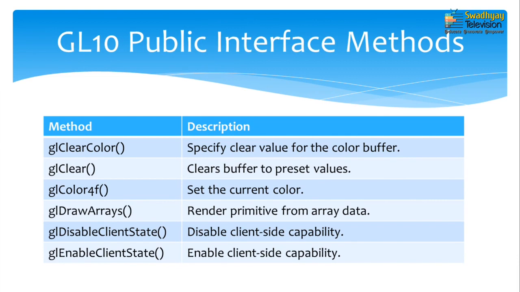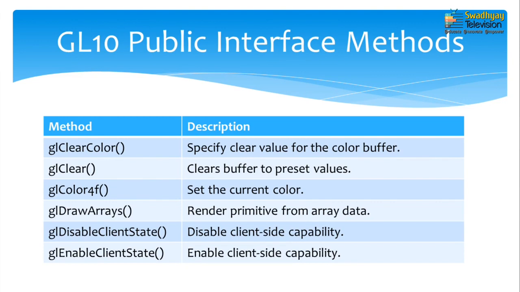There are various methods that we have discussed which take the GL10 public interface object as an argument. So, we discuss these interface methods. The first method is glClearColor, which specifies the clear value for the color buffer.